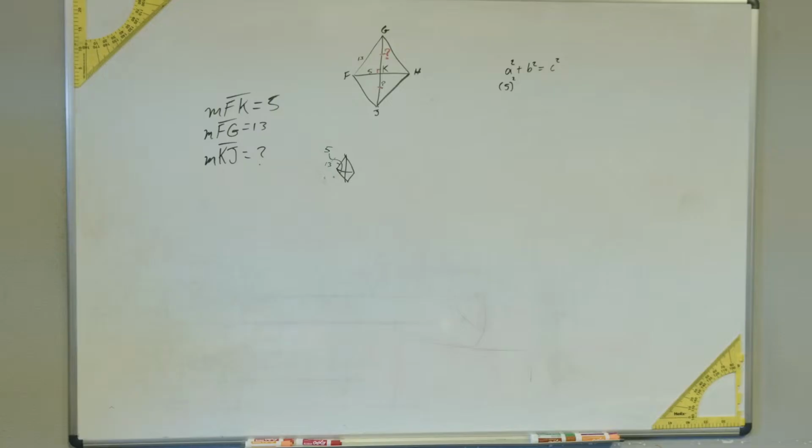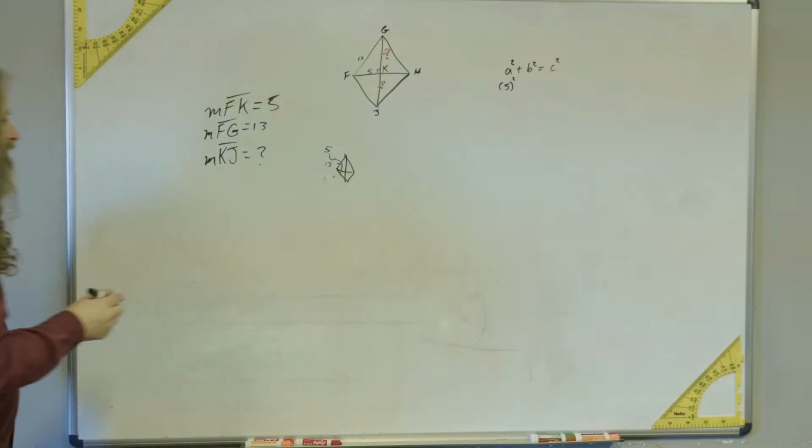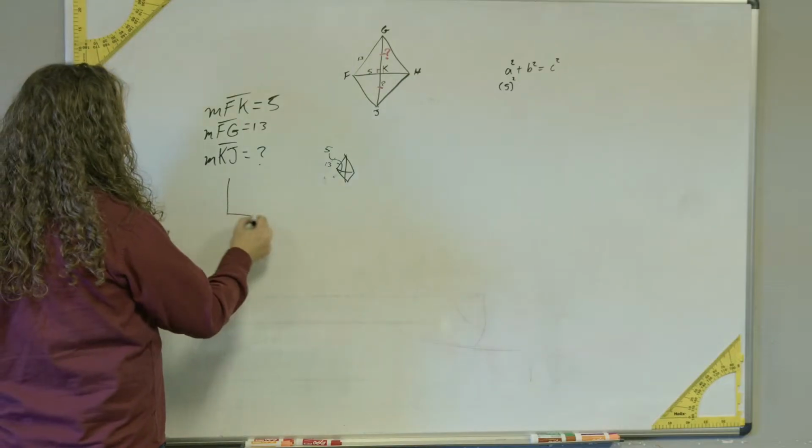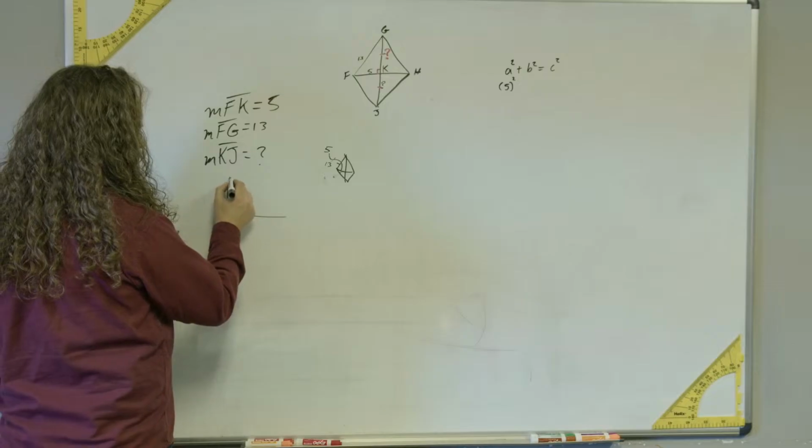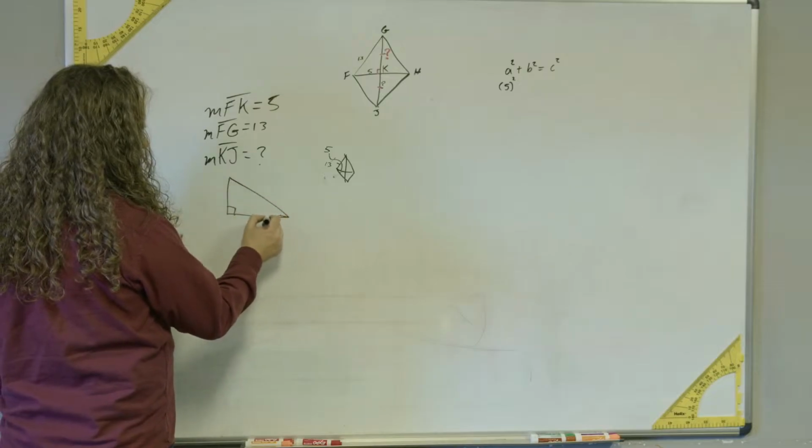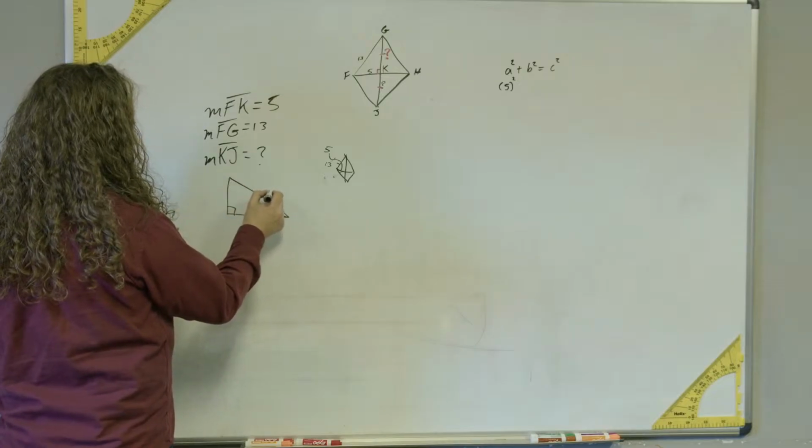Which one is C always? What's the name for that side of a right triangle? It's this one right here.